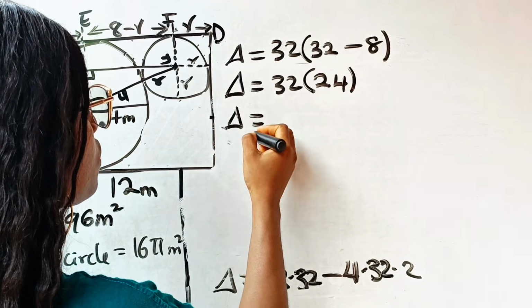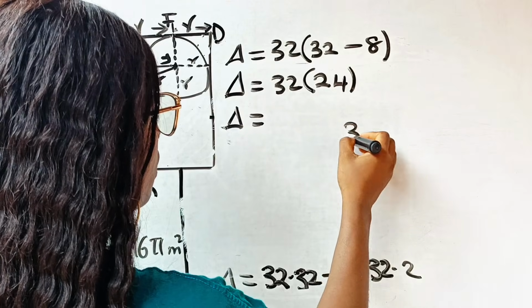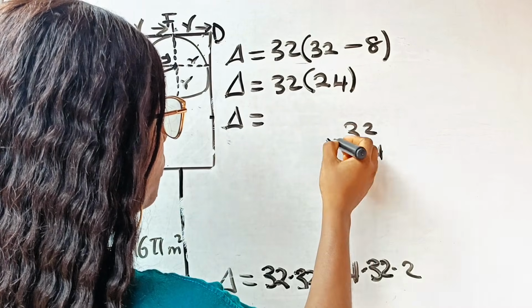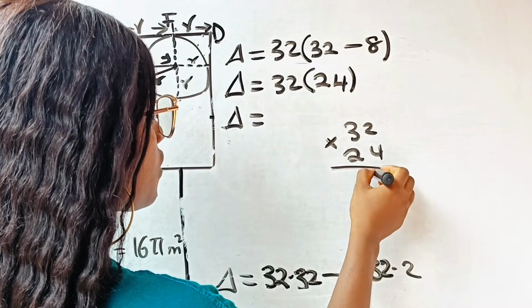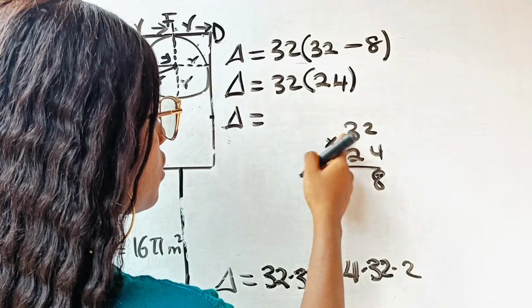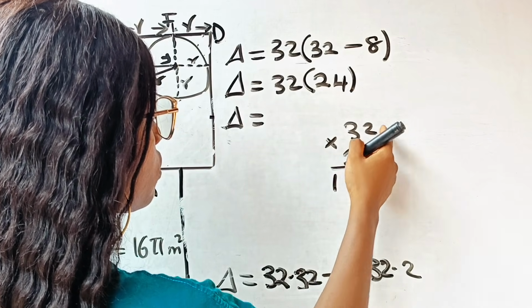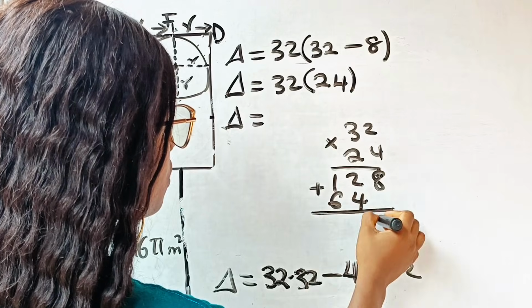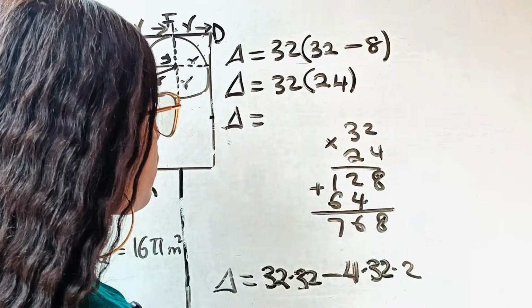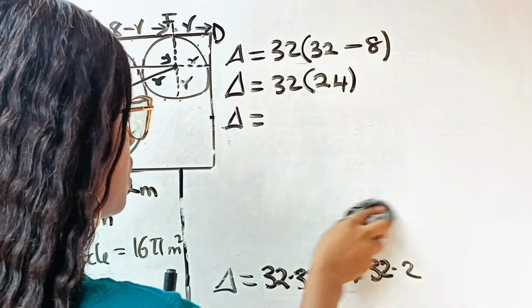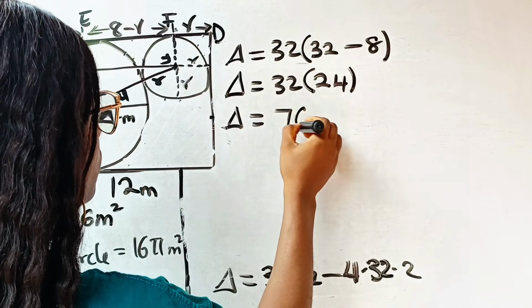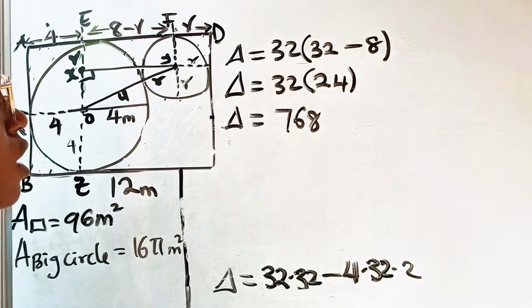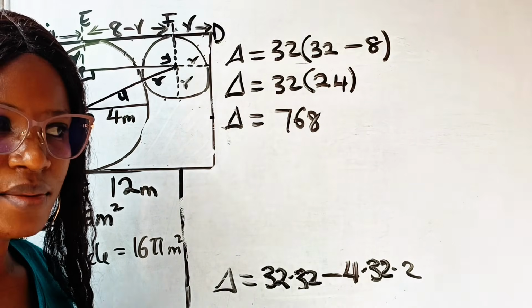So if we solve this, we have 32 times 24. Now 2 times 4 is 8, 4 times 3 is 12, 2 times 2 is 4, 2 times 3 is 6. So we have 768. So that is our discriminant.